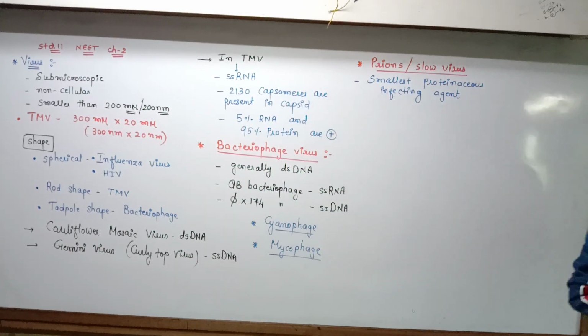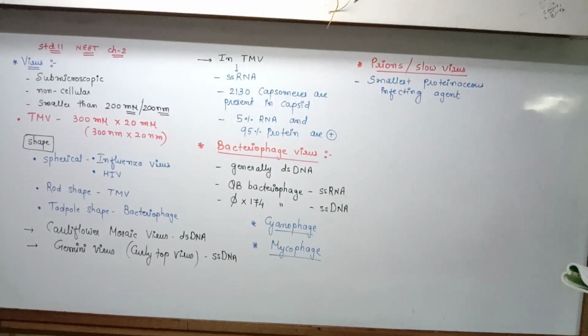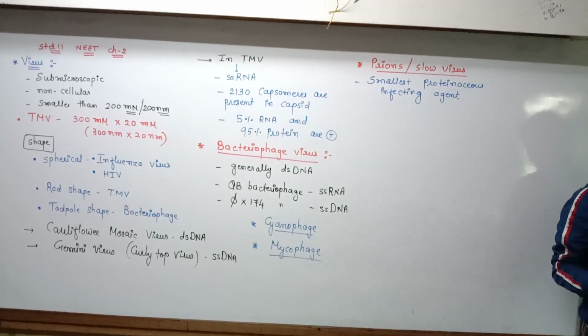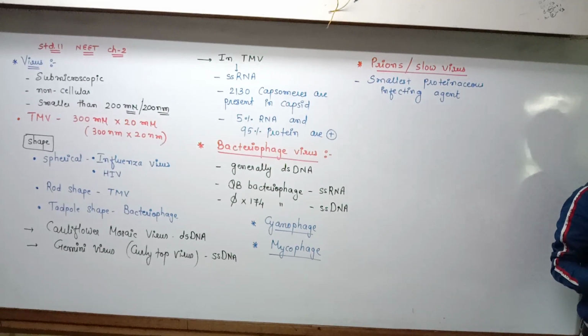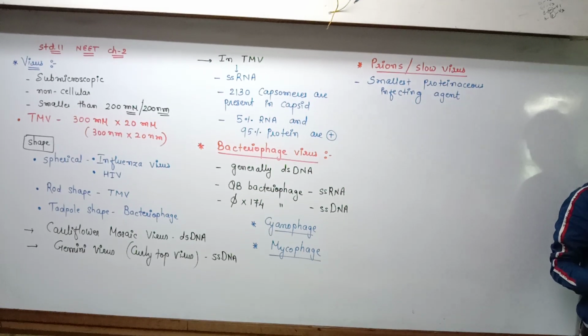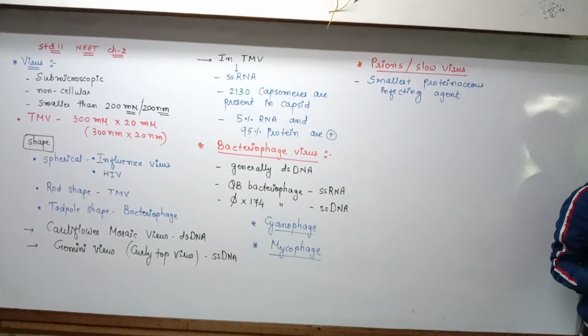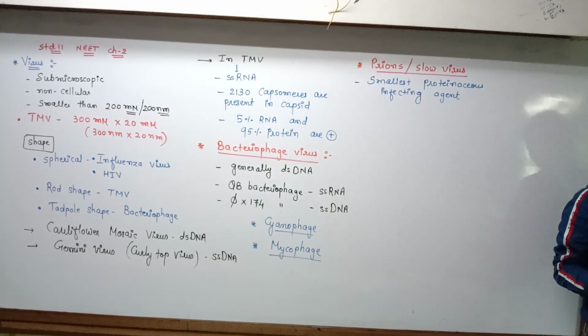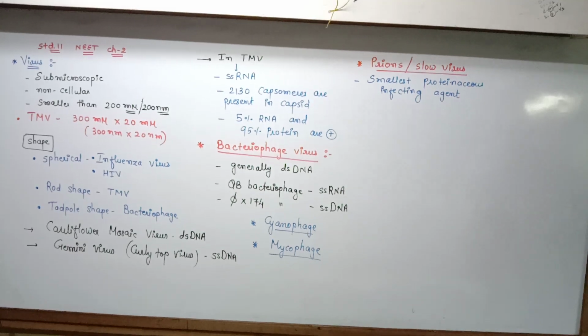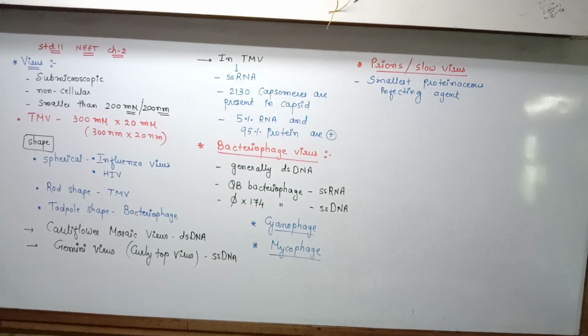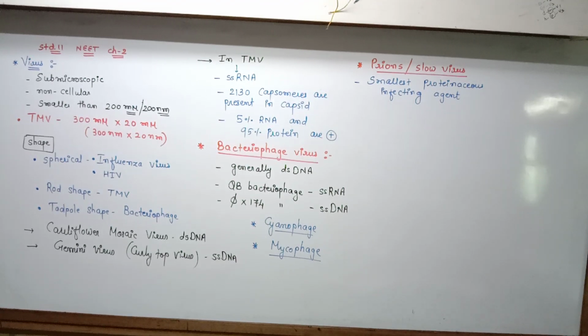Smallest proteinaceous infecting agent. Two diseases are given there. BSE, bovine spongiform encephalopathy, yes, CJD.